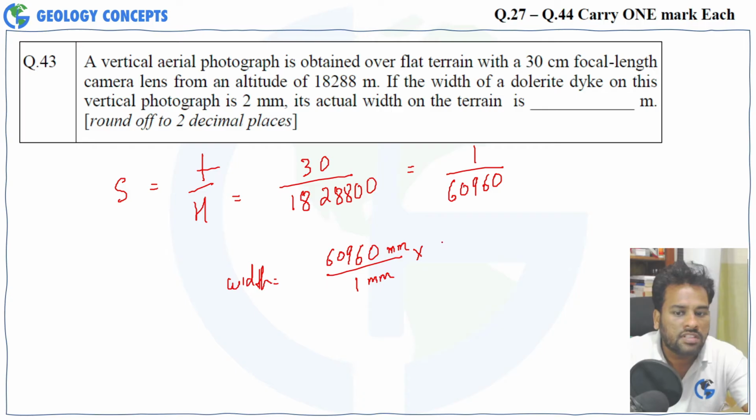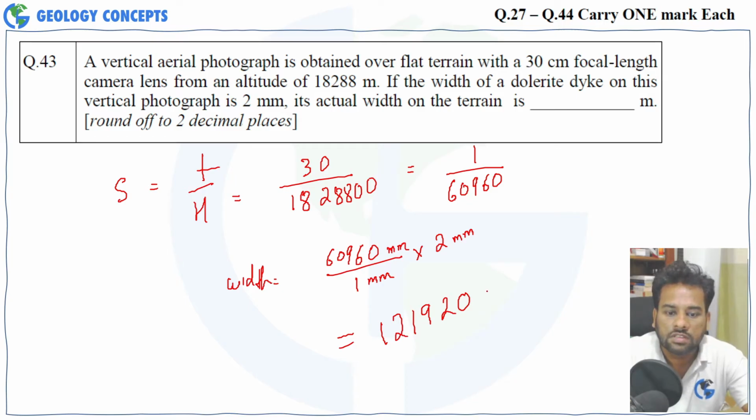So what will be the length on the ground for something that is 2 millimeters on the photograph? We have to solve for this. Multiplying, we get 121920 millimeters.